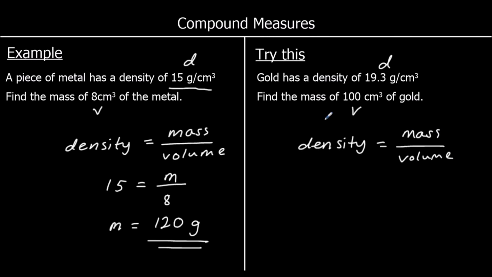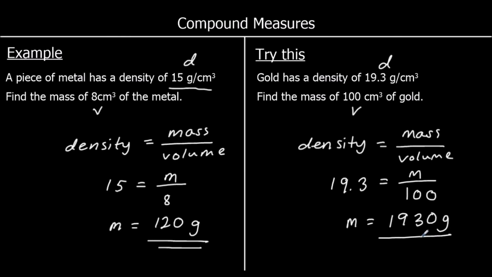The density is 19.3 grams per centimeter cubed. The mass is what we're working out, and the volume is 100. So we multiply both sides by 100. So the mass is 1,930, and we're measuring mass in grams.